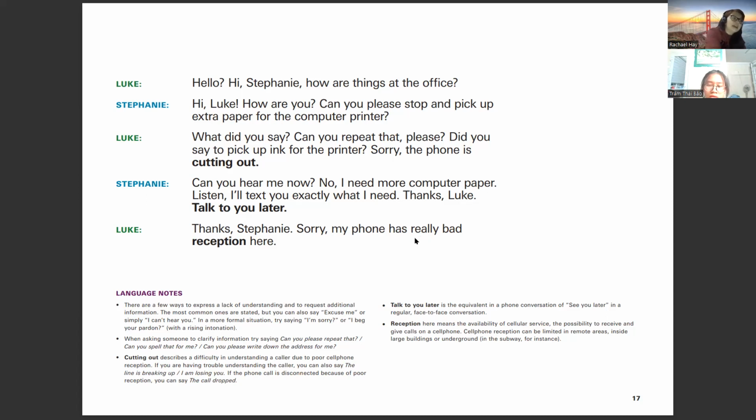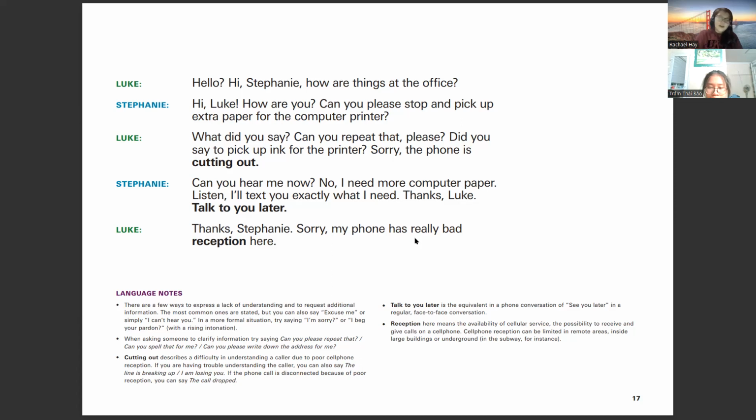Let's say I told you my address is 12 Banana Street, New York, and you can't remember it. You can say to me, I remember that you stay on Banana Street, but please could you write down your address for me? That means you didn't hear which house number I'm staying in. You just remember that I stay on Banana Street.